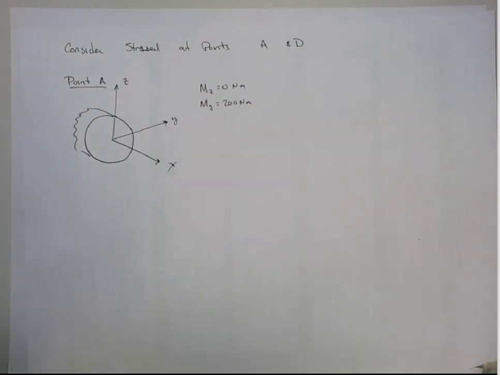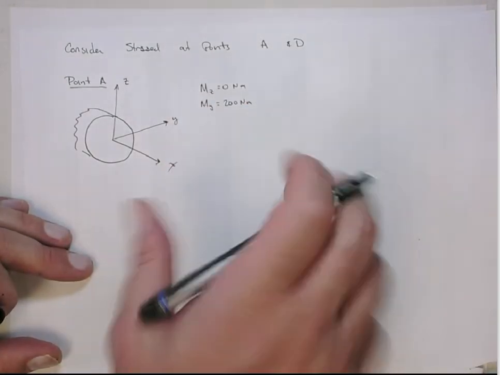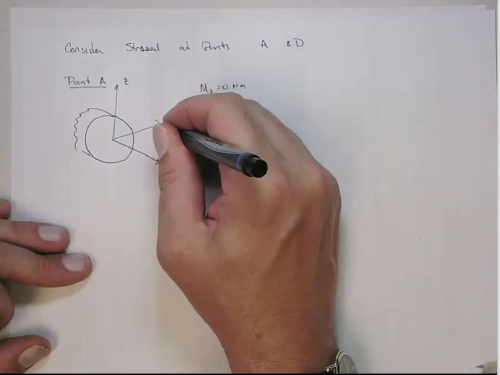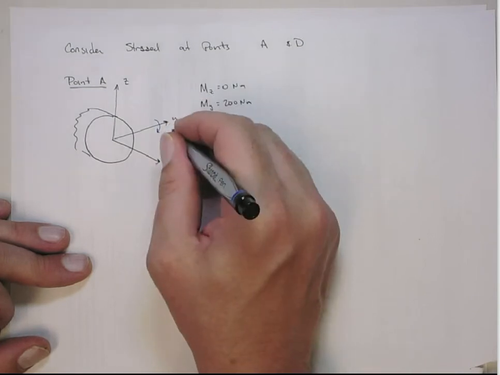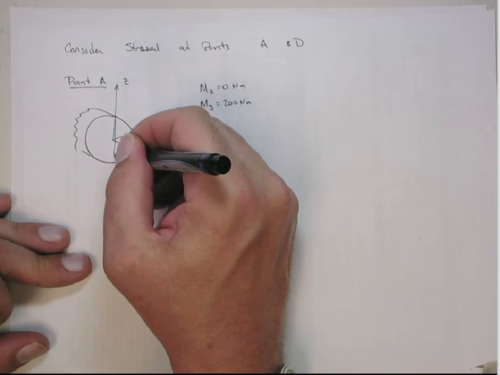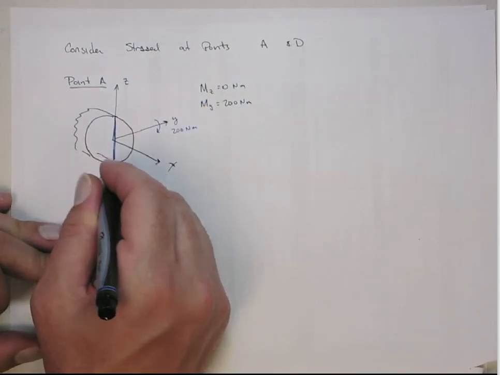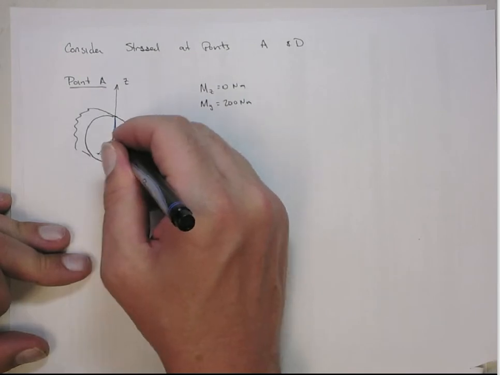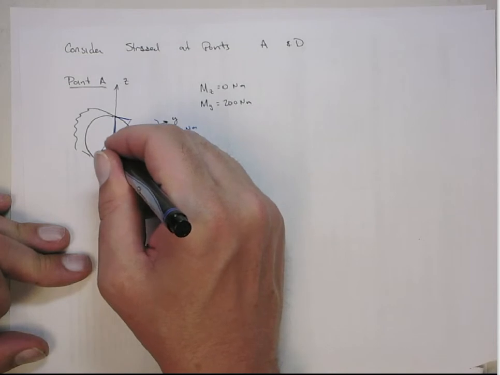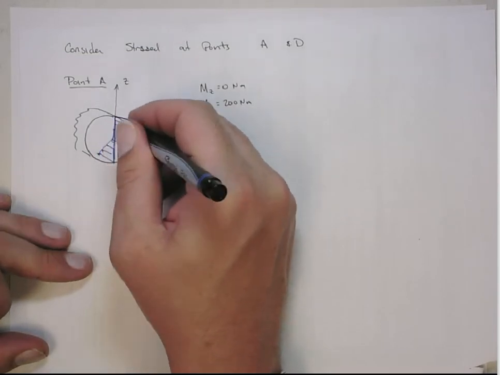So actually at this point, we really just have one contribution of stress. It's really only due to the bending around the y-axis. So that means I have a bending moment like this. We're bending around this with a 200 Newton meter moment. So if I look at this cross section, we're going to get a compressional stress on this end, and then tension on that end.